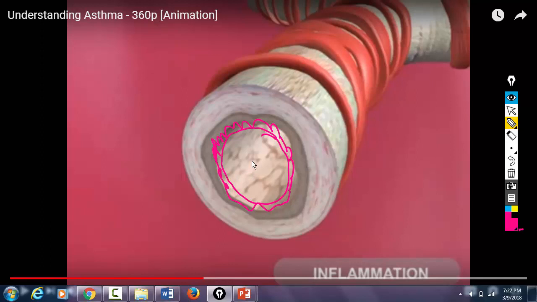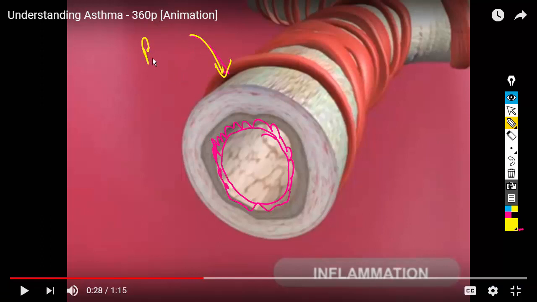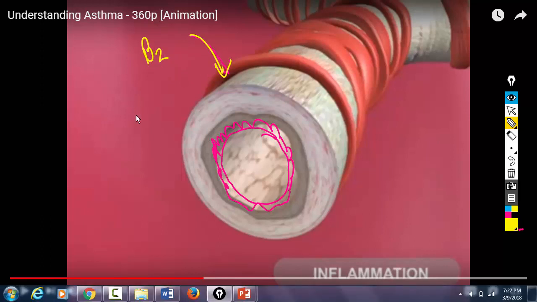They constrict. The bronchioles are made of muscle. What are the two things muscle can do? Contract and relax. The muscle cells that make up the bronchioles have beta 2 receptors on them. Tell me you got that.